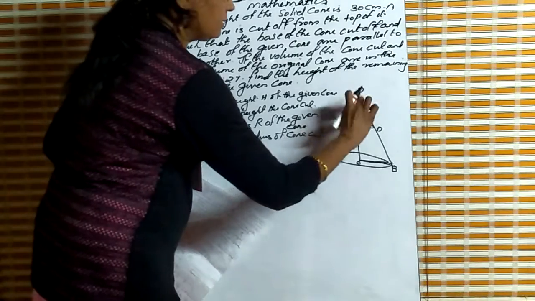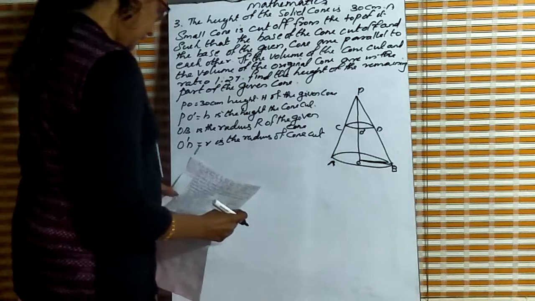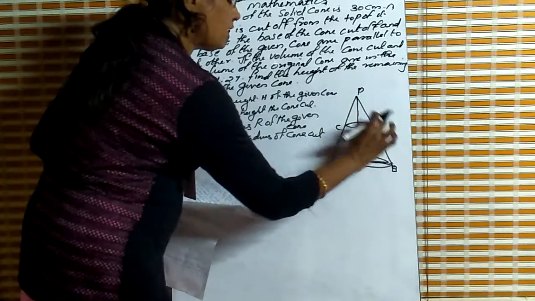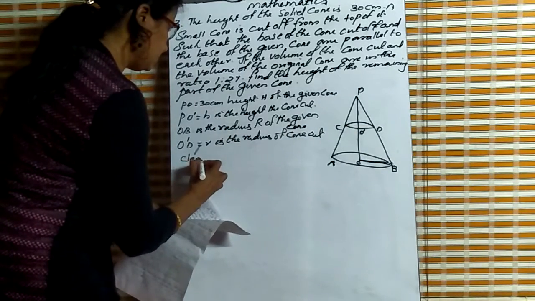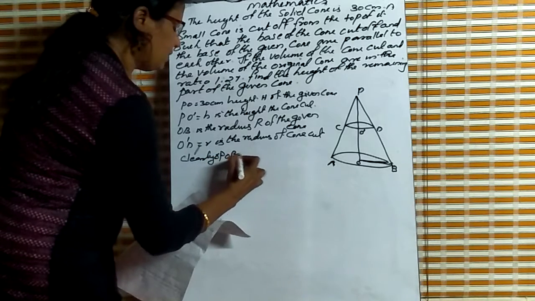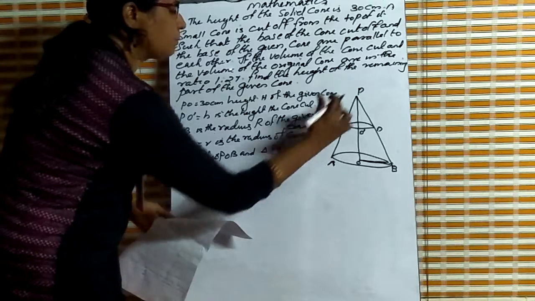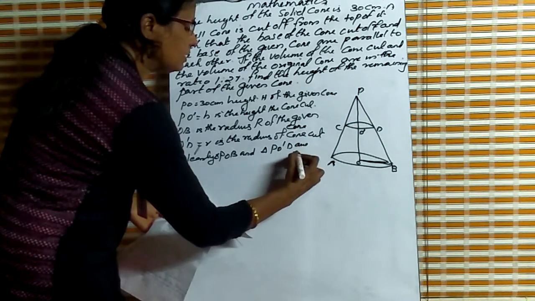Then clearly these two triangles, triangle POB and triangle PO dash D, are similar triangles.